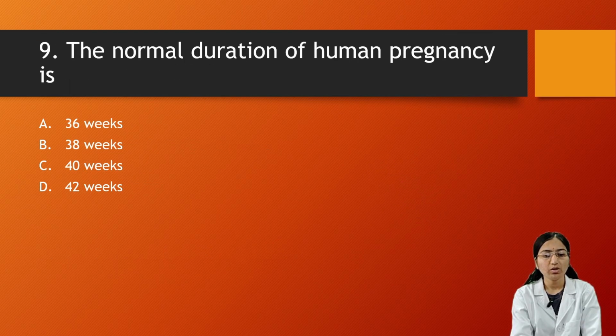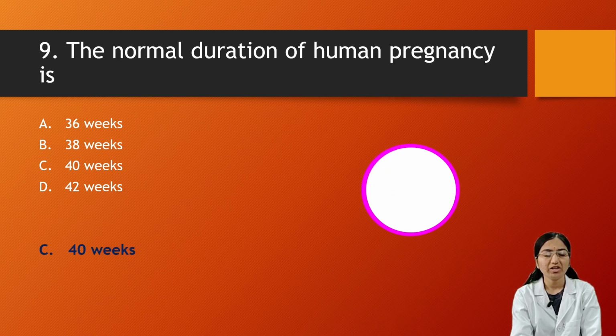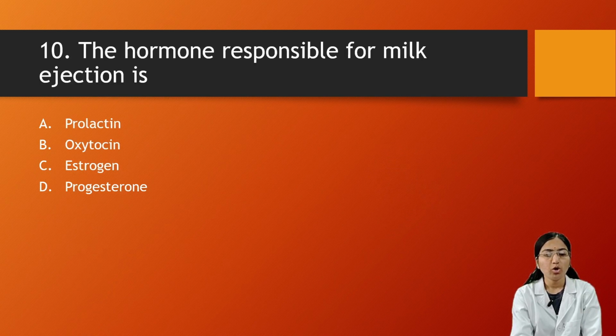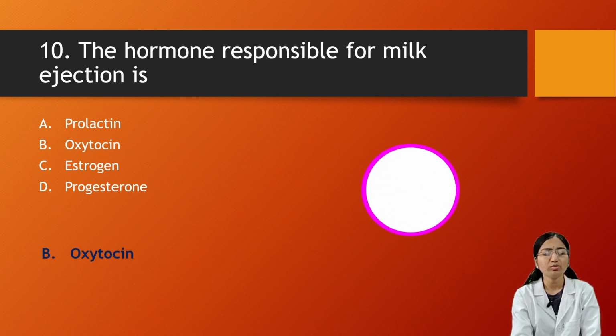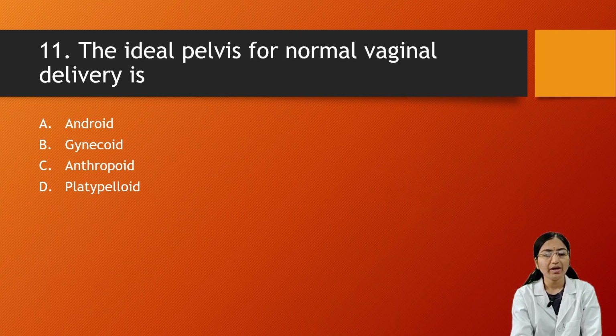Next question. The normal duration of human pregnancy is? 40 weeks. The hormone responsible for milk ejection is? Right option is oxytocin. The ideal pelvis for normal vaginal delivery is?